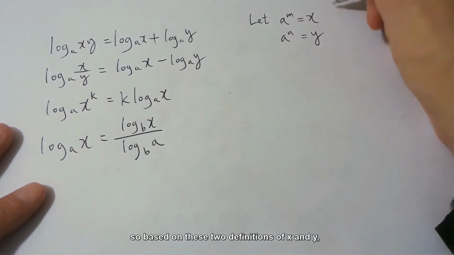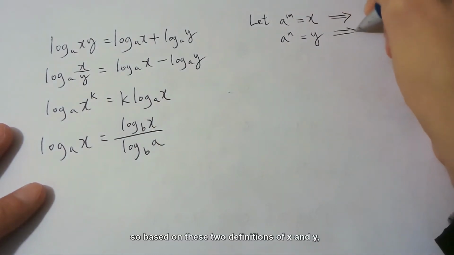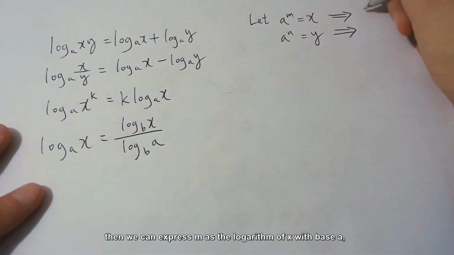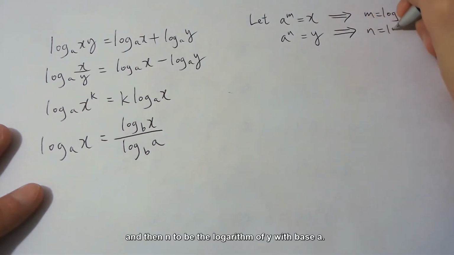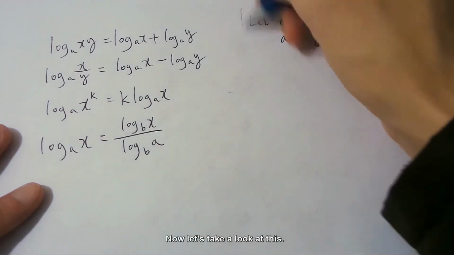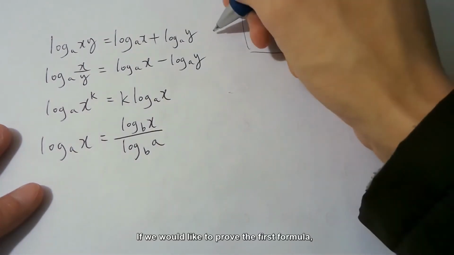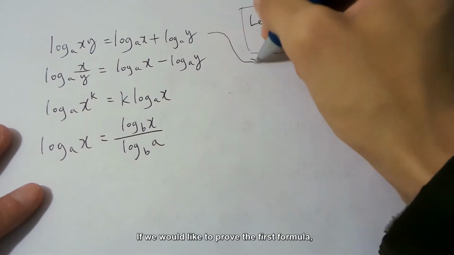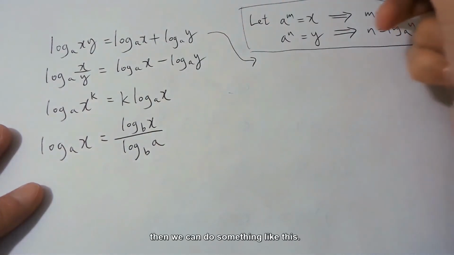Based on these 2 definitions of x and y, we can express m as the logarithm of x with base a, and n as the logarithm of y with base a. Now let's take a look at this.